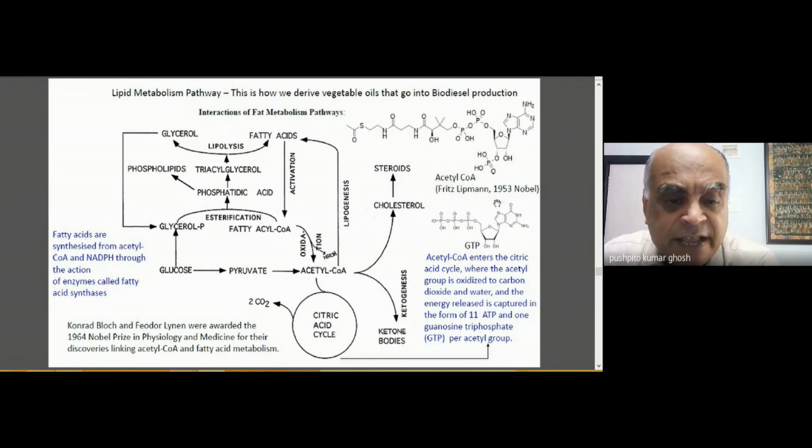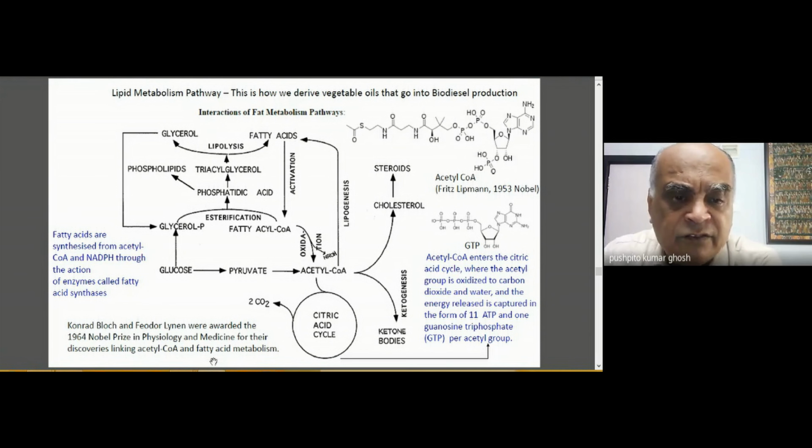The second is Conrad Bloch and Feodor Lynen. They were awarded the Nobel Prize for their discoveries linking acetyl coenzyme A, that means this enzyme, with lipid fatty acid metabolism. That is what these people effectively got the Nobel Prize for.